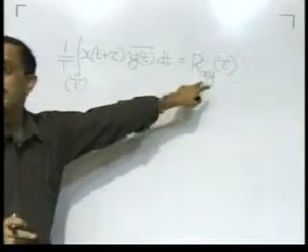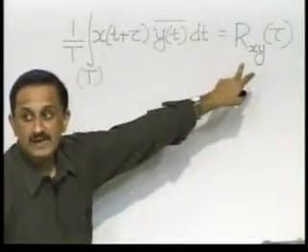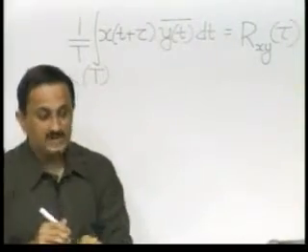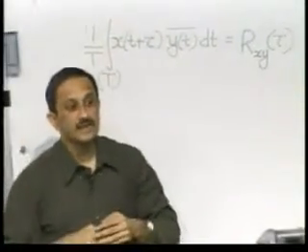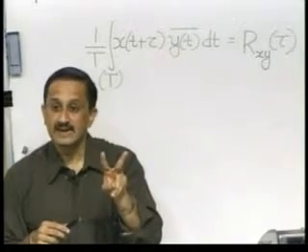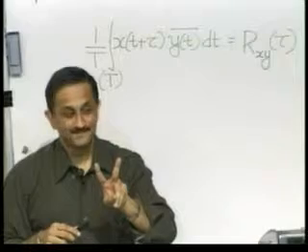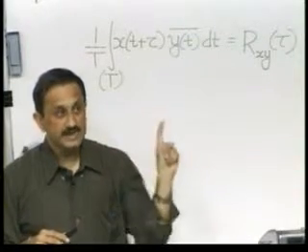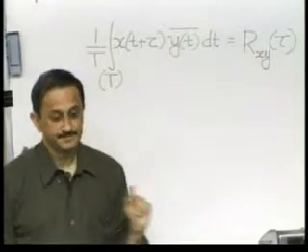The only difference is that here Rxy must be interpreted as for periodic functions. So Rxy is a notation which can be used either for aperiodic or for periodic functions, but one must interpret it correctly depending on the context. When you are talking about two periodic functions, the interpretation is as written here.